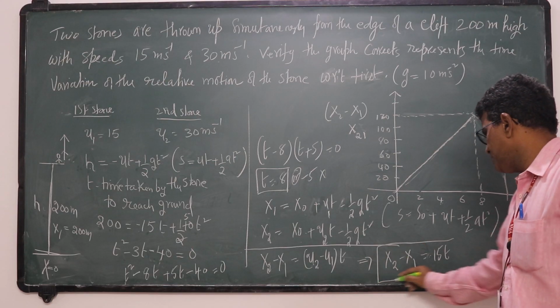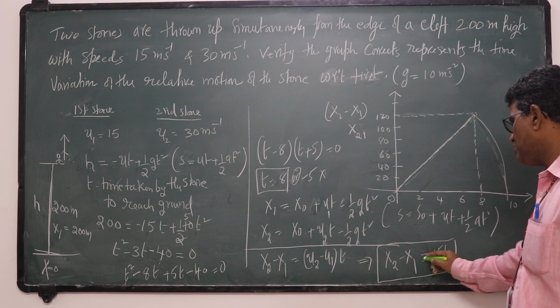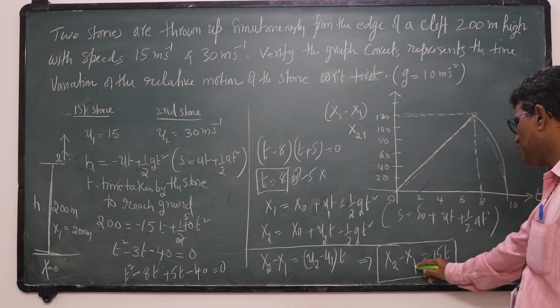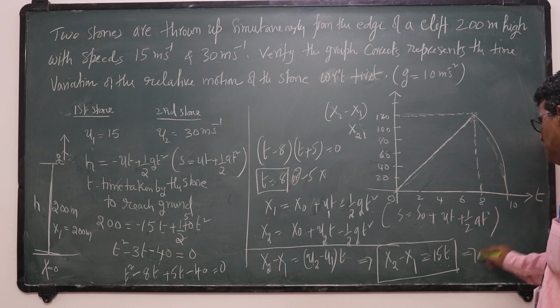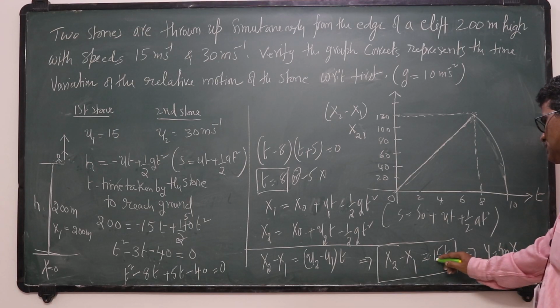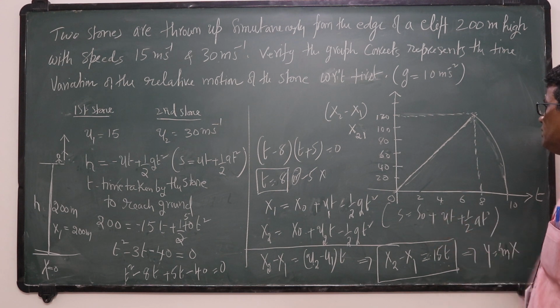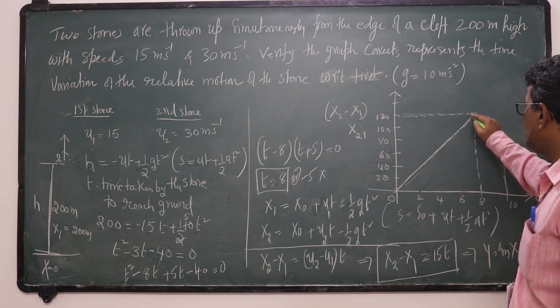So it is a straight line passing through the origin, in the form y is equal to mx. What is the slope of the line? 15.